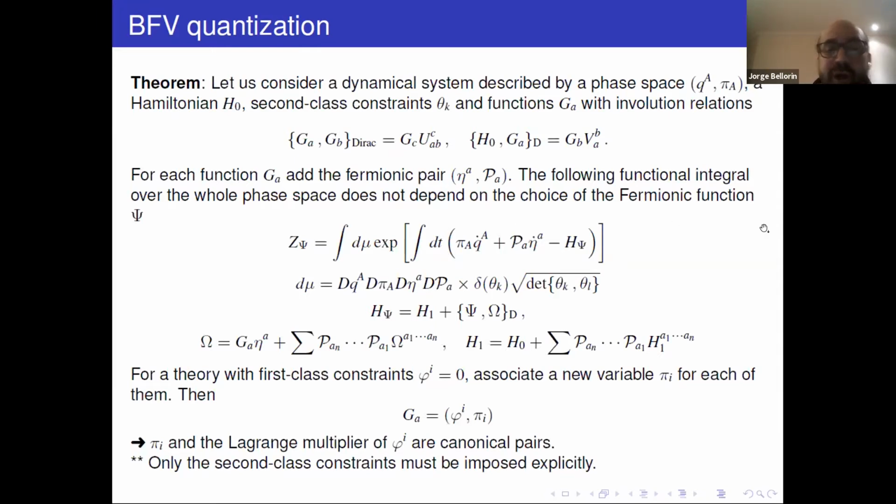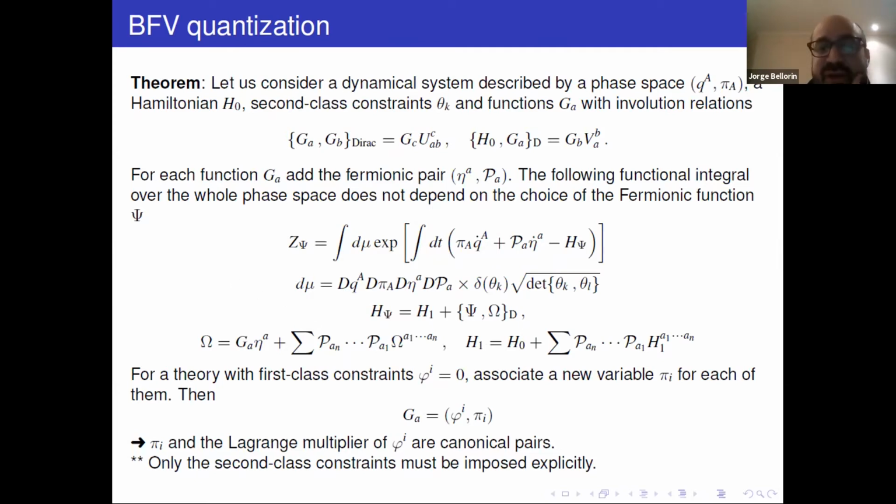So, in summarizing the BFV formalism, the main idea is that you don't have to impose explicitly the first class constraints, so the Faddeev measure associated to them disappears. They are imposed in the dynamics, of course, because they are constraints.